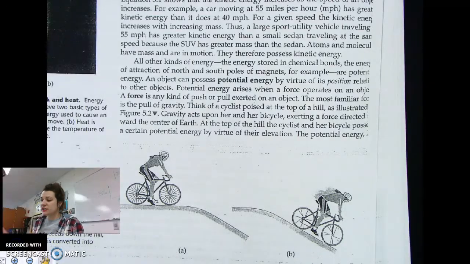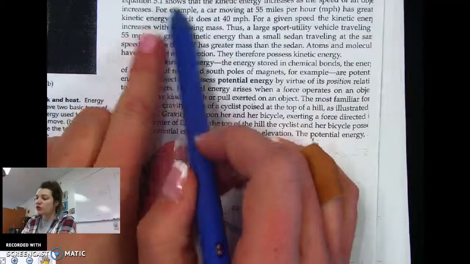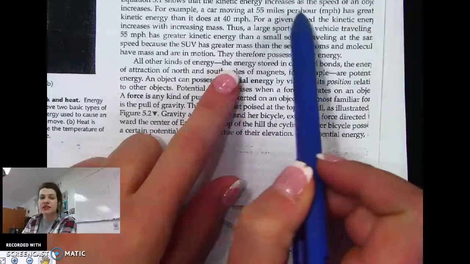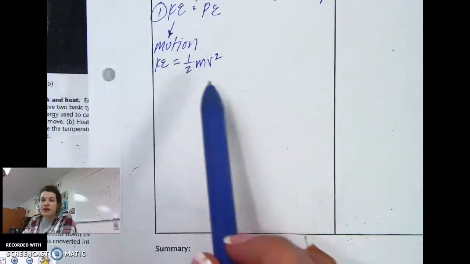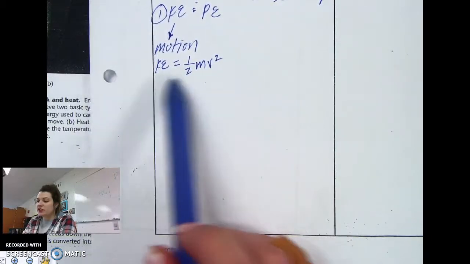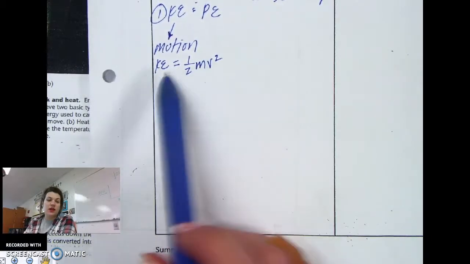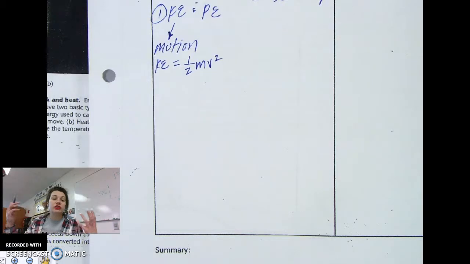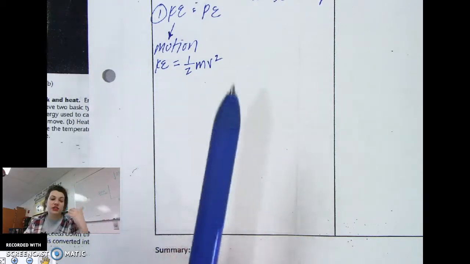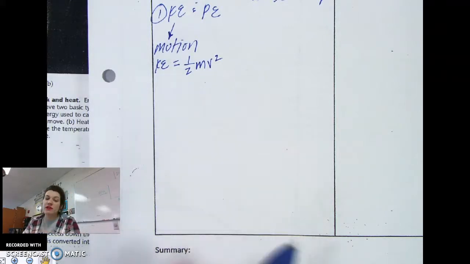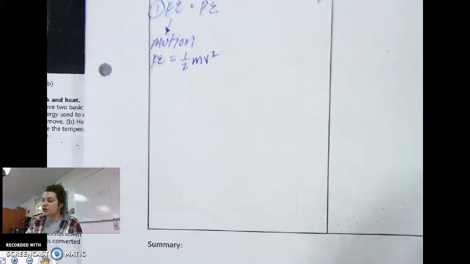Okay, so then it goes on to say that the equation shows that kinetic energy increases as the speed of an object increases. So if you look at the equation that it gives me, kinetic energy and velocity and mass are on the opposite sides of the equation, which means they're directly related to each other. So if mass increases, kinetic energy increases. If velocity increases or speed increases, kinetic energy also increases.